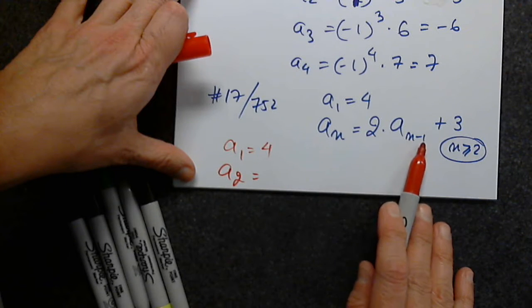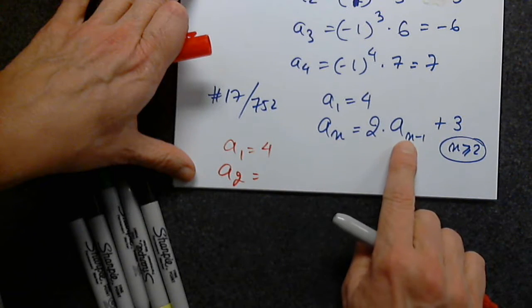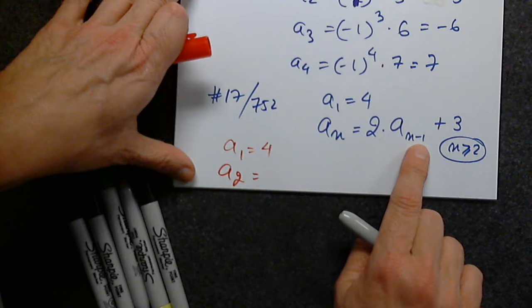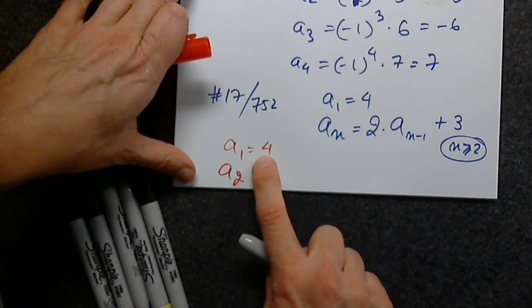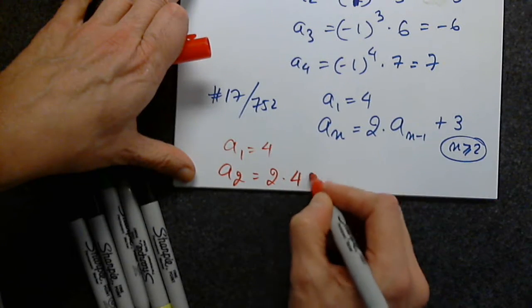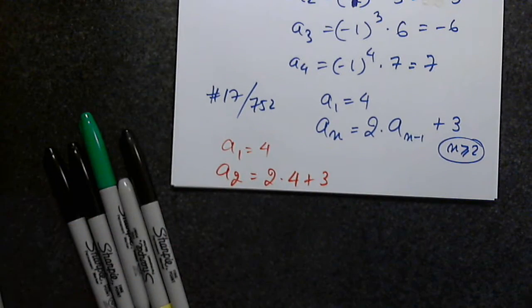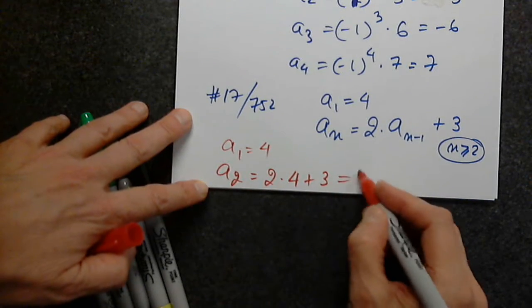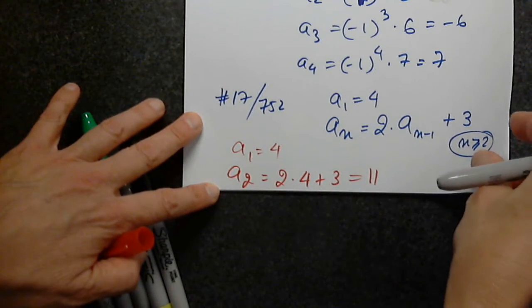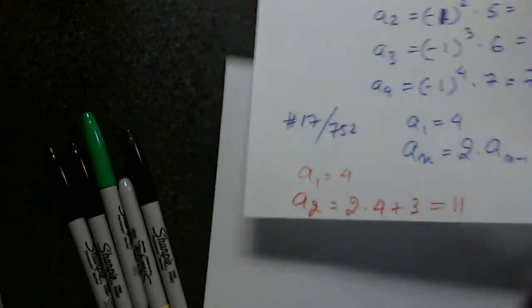So how much is 2 minus 1? 2 minus 1 is 1. So this becomes A1, and I have A1. So this is 2 multiplied by 4 plus 3. This is the so-called recursive formula. The order of operations, 2 times 4 is 8, plus 3 is 11. And we determine the second term of the sequence.